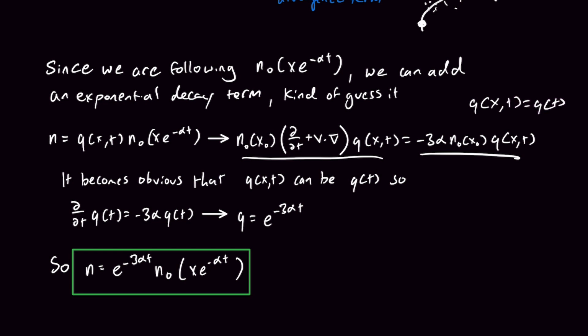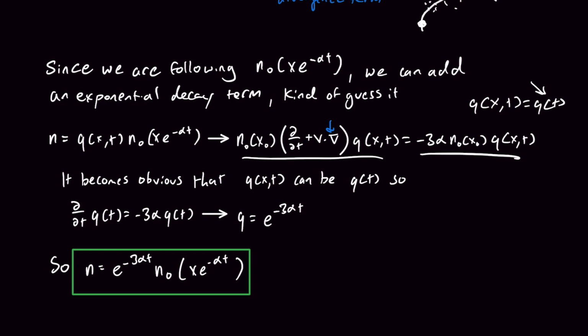This is just something that we made up, so we could set whatever parameters we want. And then we notice that, okay, if this is q of t, then the gradient of q is, what is it? That just goes to 0, because q has no x dependence.